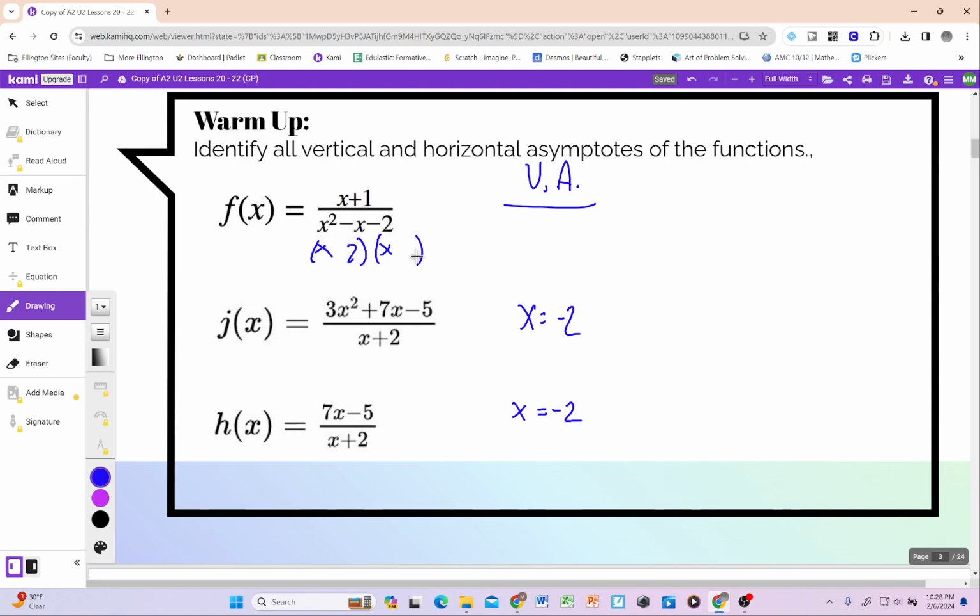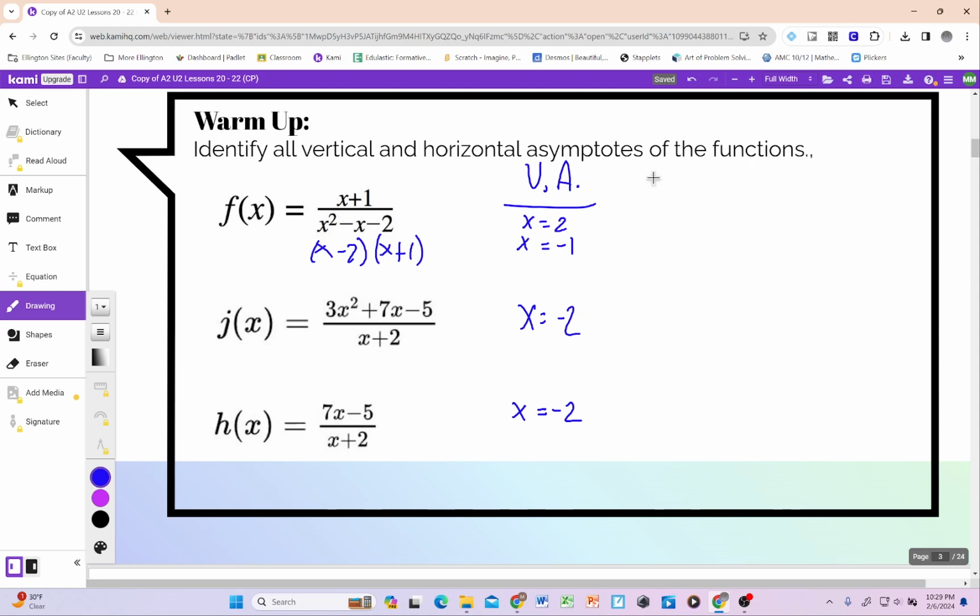Well, it's going to be 2 and 1. And they have to add to get -1. So that's going to be -2 and +1. So it factors into x minus 2 and x plus 1. So what are my vertical asymptotes? They're going to exist at x equals 2 and x equals -1. Remember, those are the solutions that make those equal to 0.